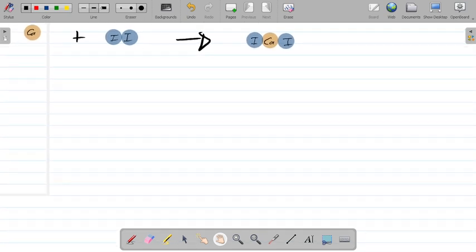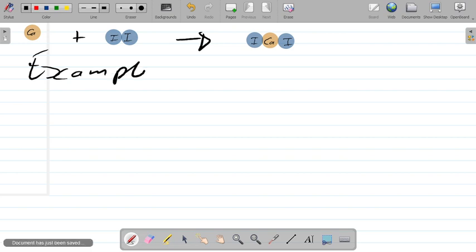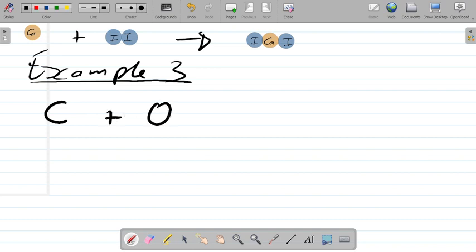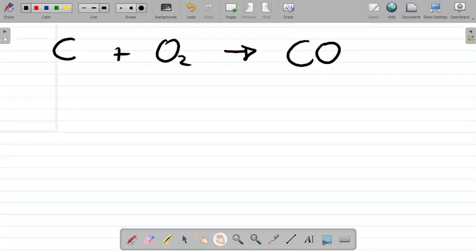Right. Then example 3. Let's take a common one. Carbon reacts with oxygen to give us carbon monoxide. Right? As usual, we start by drawing. So let's say, for example, the yellow one is our carbon, and then our oxygen is red.